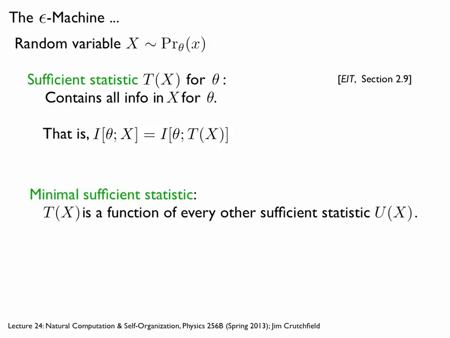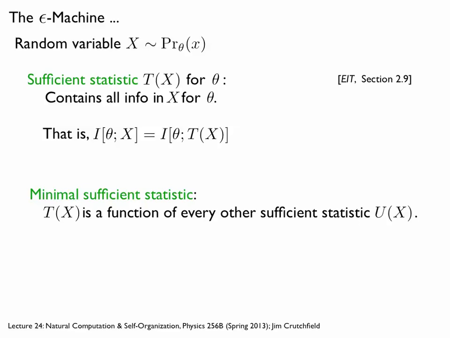Yeah? So is it also true that x to t of x to theta would be a Markov chain? Exactly. Yes. Right. So that's another way of casting what a sufficient statistic is. Exactly right.